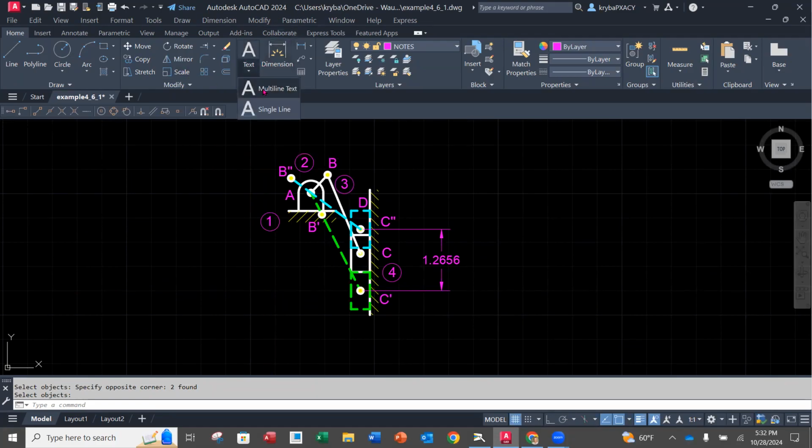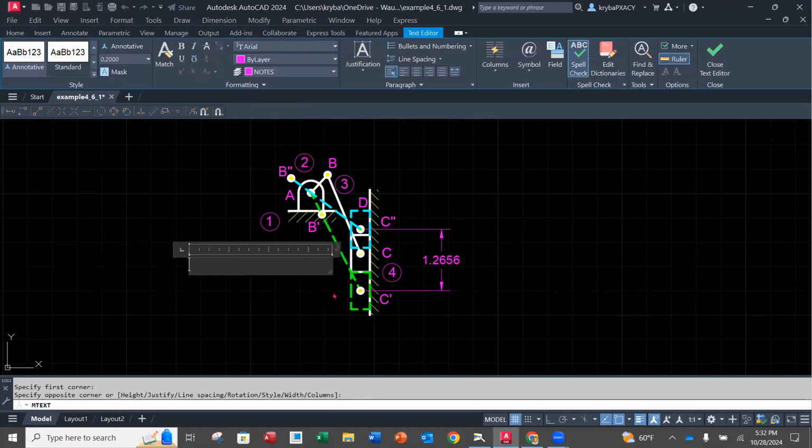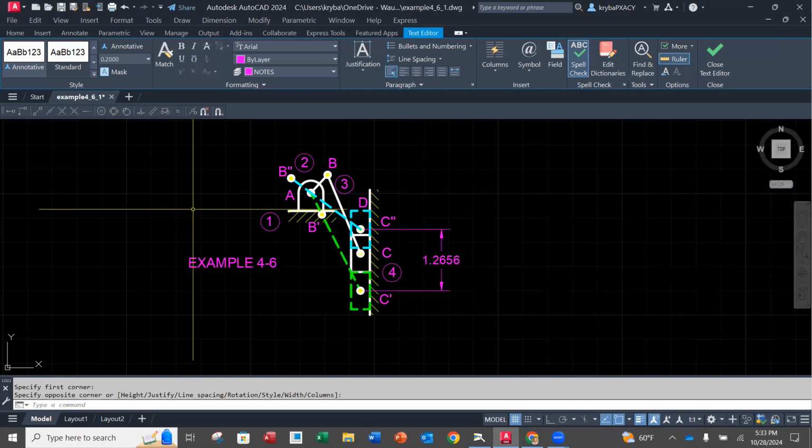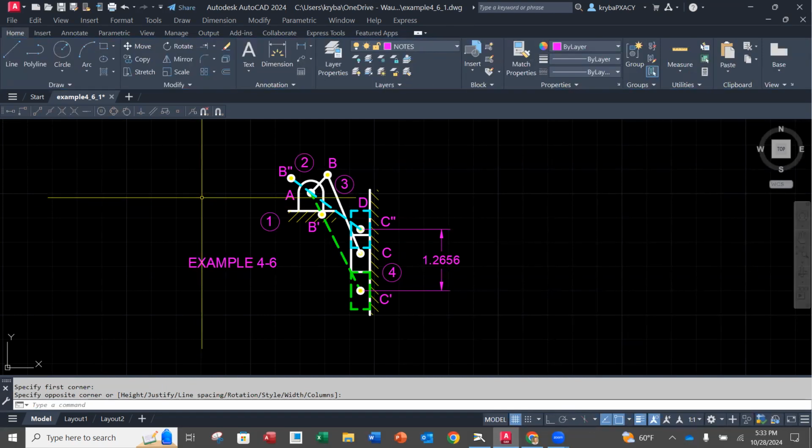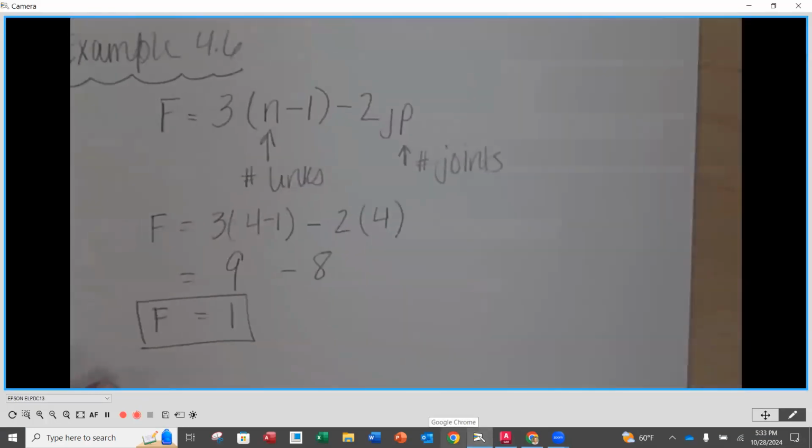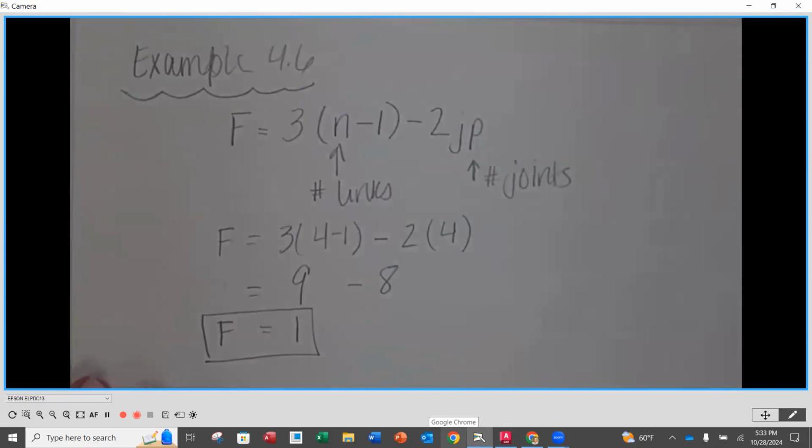So I'm just going to add multi-line here. Example 4-6. And then you would also want to either here in AutoCAD write out the calculation for mobility and add it to your screenshot here, or if you want to just take a picture or a scan of the calculation, if you did it by hand, you can do it that way as well.